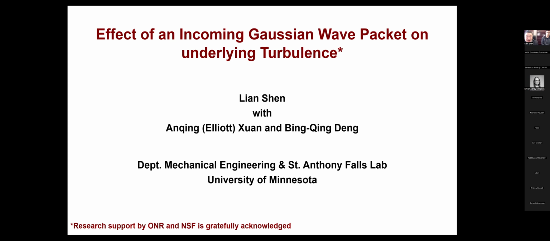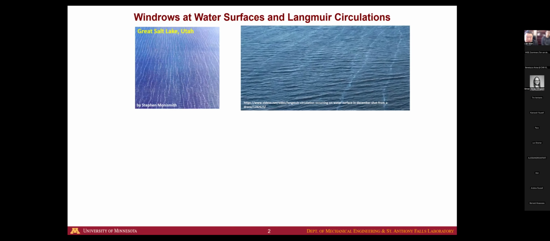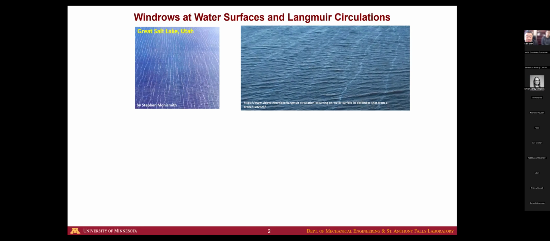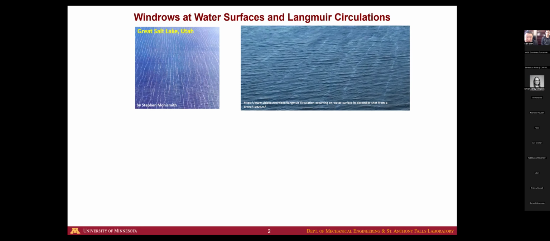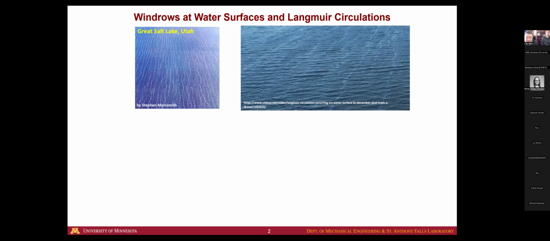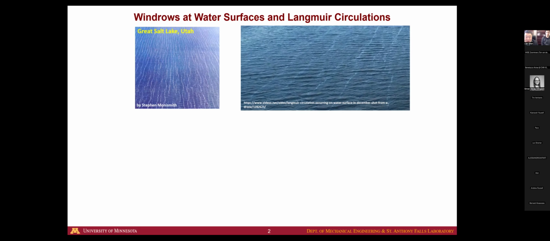So the title of this presentation is a little bit specific, but probably I should start with the general bigger picture. What we are looking at is wave turbulence interaction in the upper ocean. And this is the famous Langmuir circulation phenomenon.